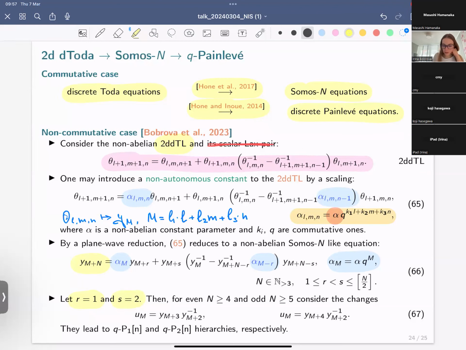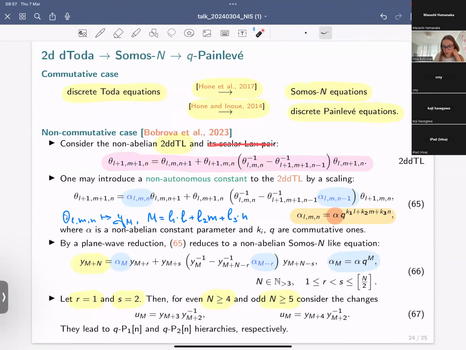And we consider two different cases: when capital N is even and greater or equal to 4, and when it is odd and greater or equal to 5.